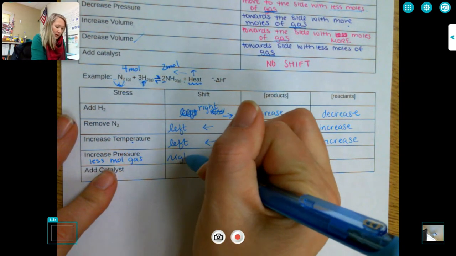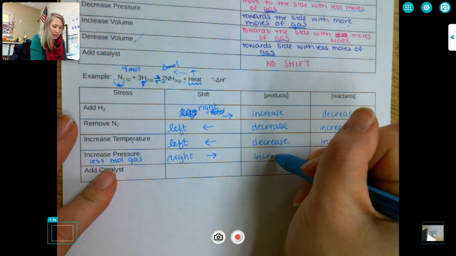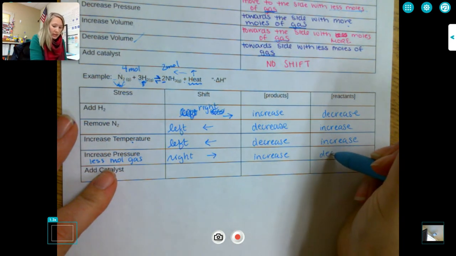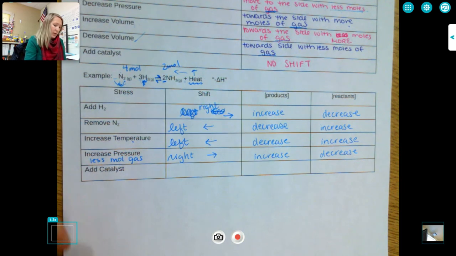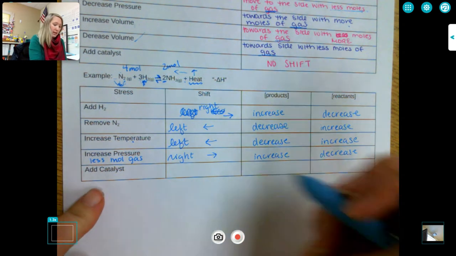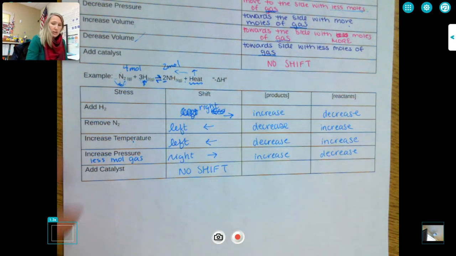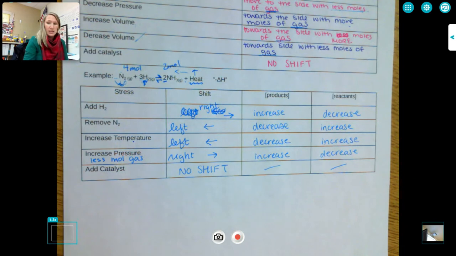So I'm going to shift to the right, which means I'm going to increase the product concentration and decrease my reactant concentration. And like I said, if we add a catalyst, there's no shift at all. So products don't change and reactants don't change.